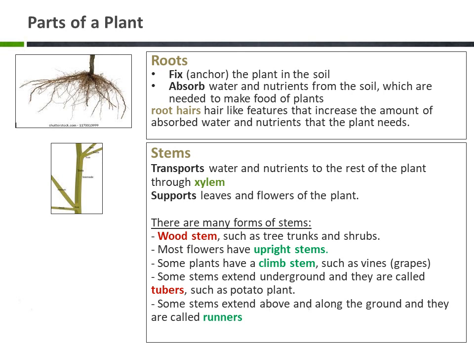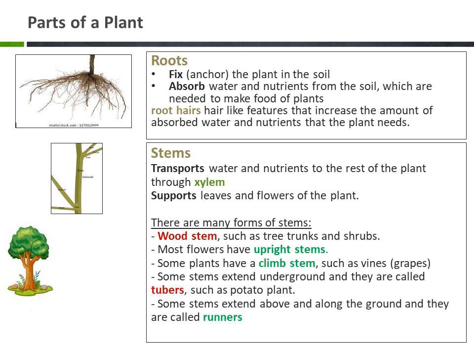Stems. The function of stems is first to transport water and nutrients to the rest of the plant through xylem, and also to support the leaves and flowers of the plant. And there are many forms of stems. First, woody stems such as tree trunks and shrubs.